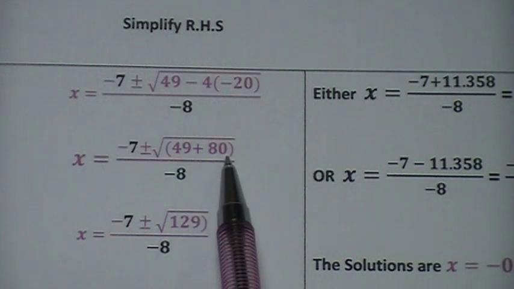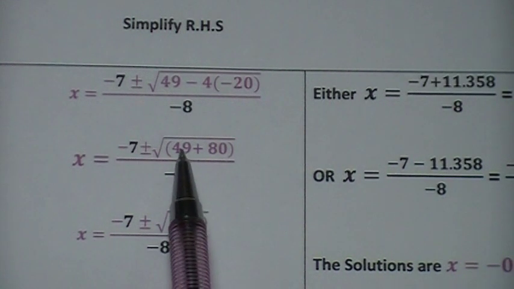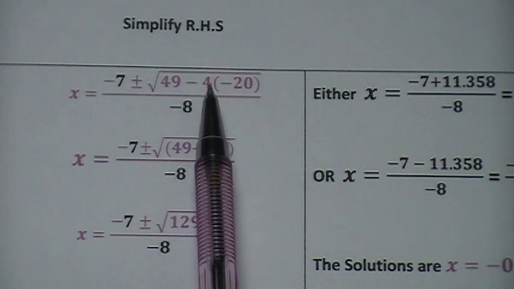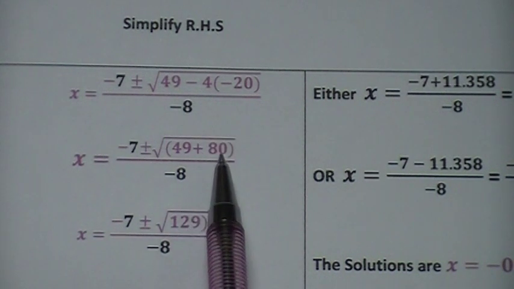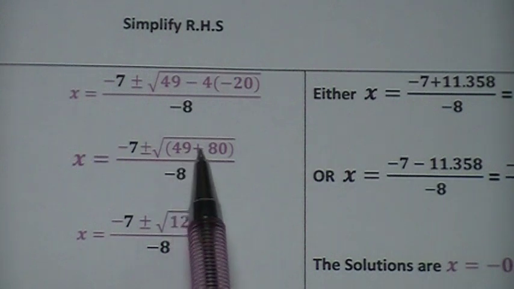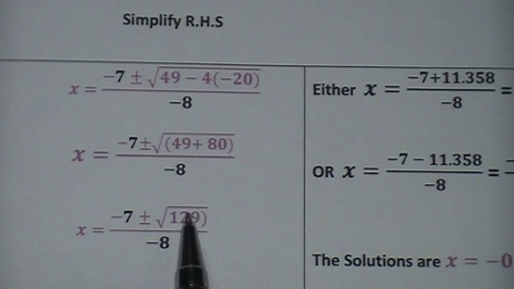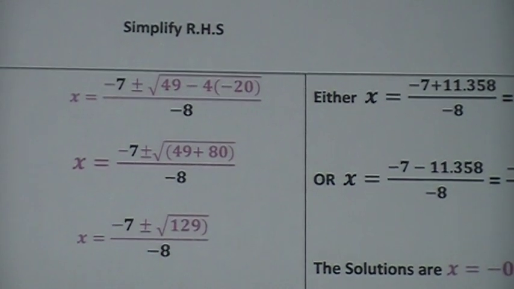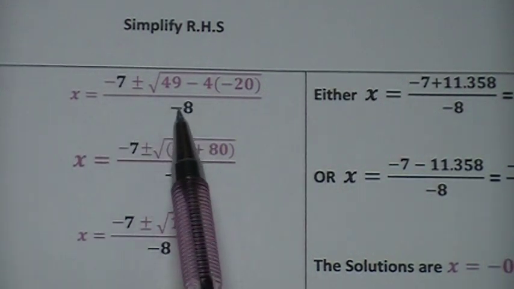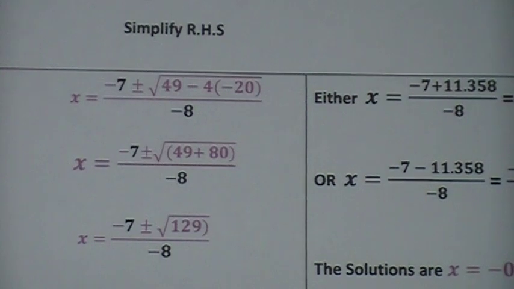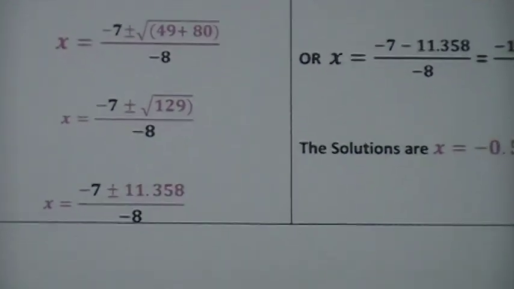Next step is to multiply negative 4 by negative 20, which will give us positive 80. 49 plus 80 in the next step gives us 129. But we keep putting back everything else since we cannot do anything with negative 7 and we cannot do anything with the negative 8 for the time being.